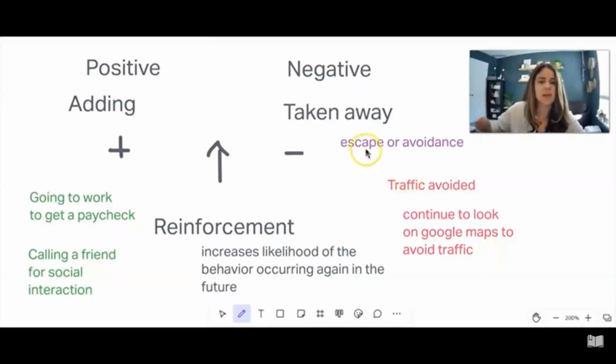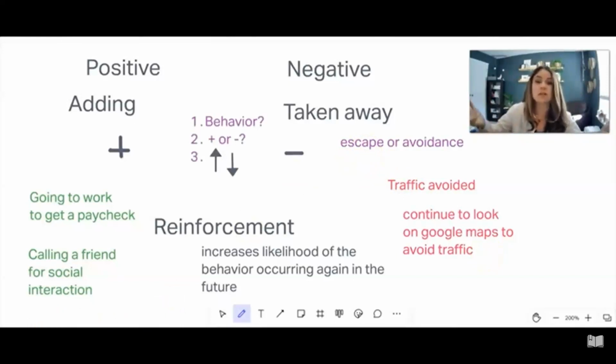So anytime we have an escape or an avoidance situation, it's negative reinforcement. With escape, you're already in the situation and you're trying to get out of it. Another example would be a really loud concert. You may try to leave or put on noise canceling headphones to get rid of that loud noise.